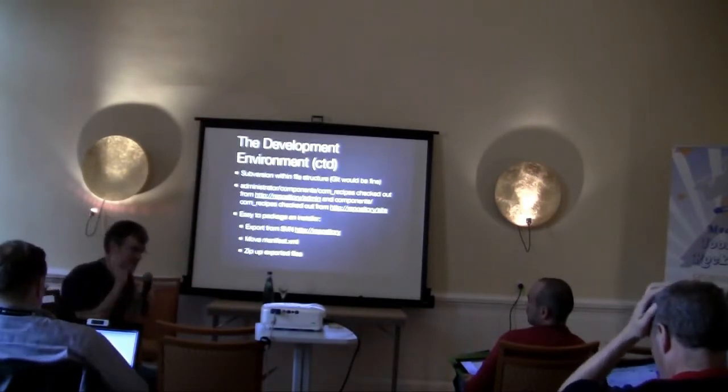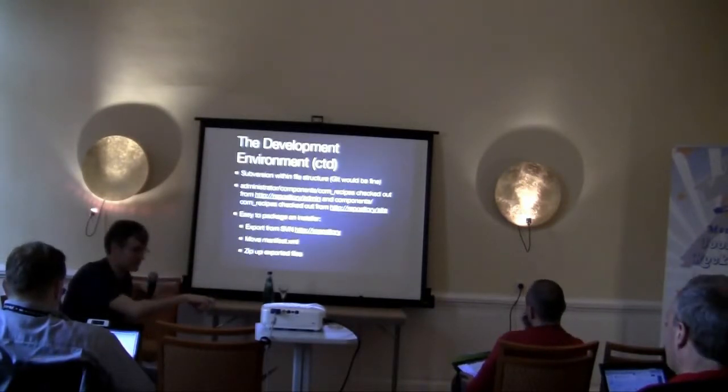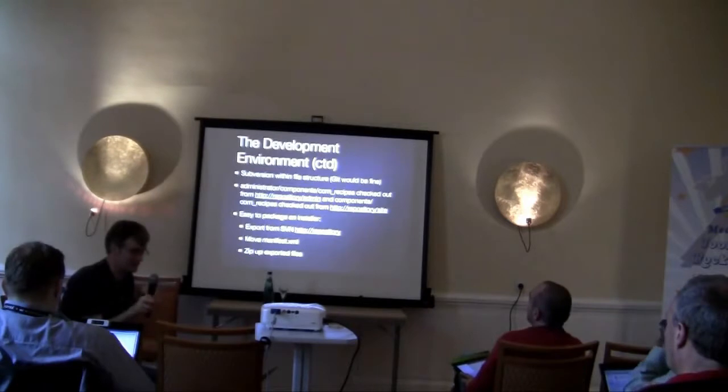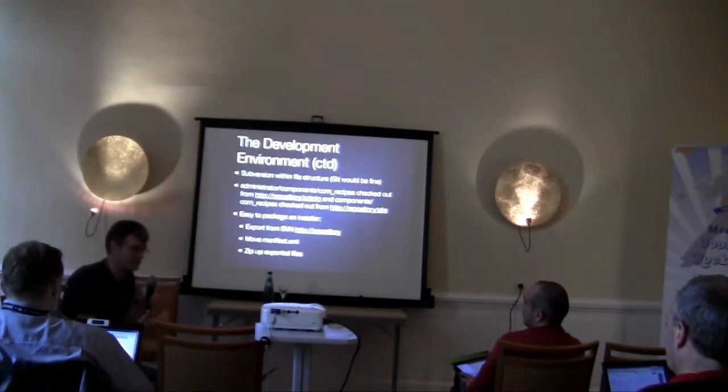If I check out the admin side into the admin side of Joomla and the site side into the site side of Joomla, the files come from the same original place in Subversion, so it's all held together. But in Joomla, they need to be in two separate places. The advantage is that when you're debugging, you can step through the code where the code is actually meant to be. Does that make any sense?